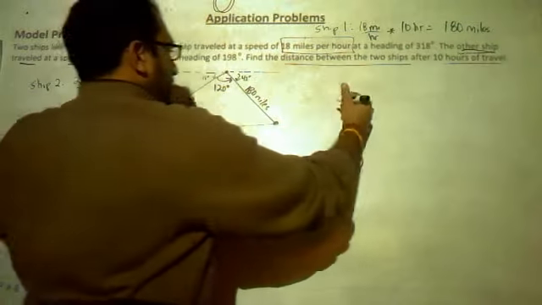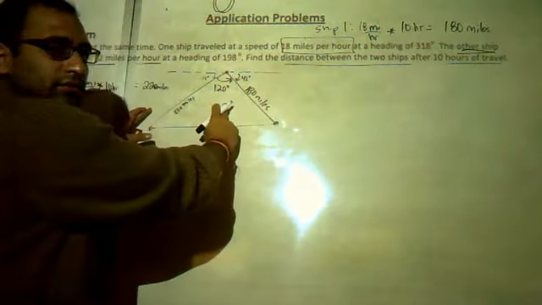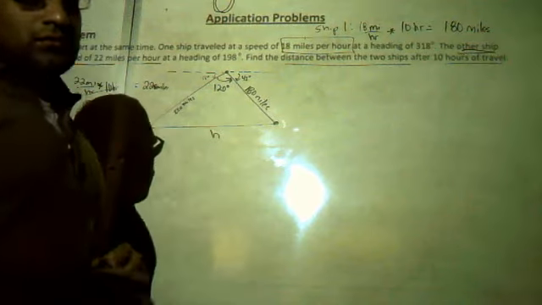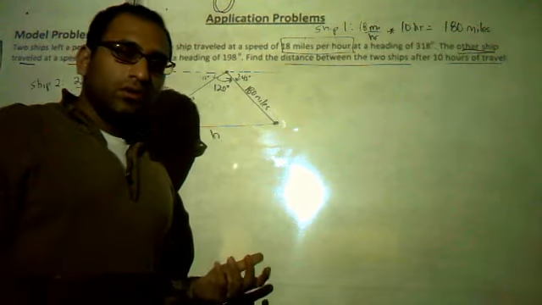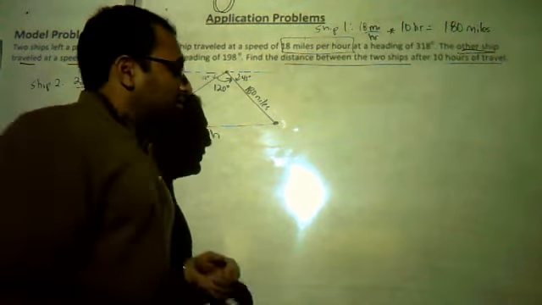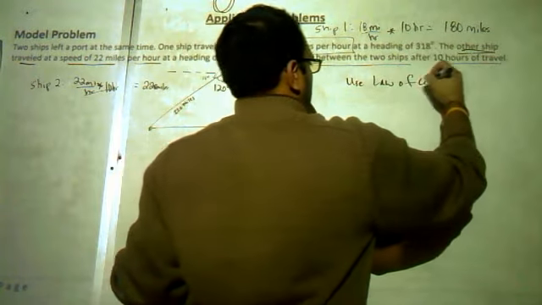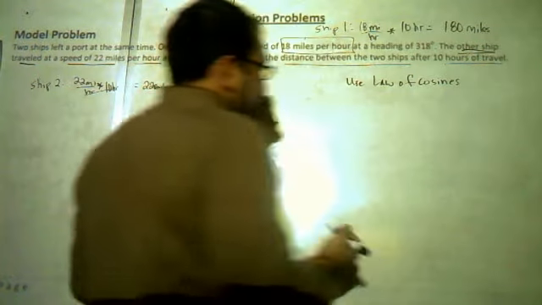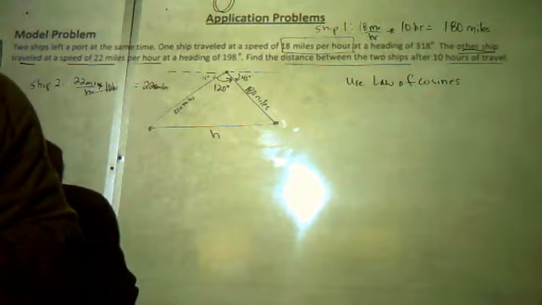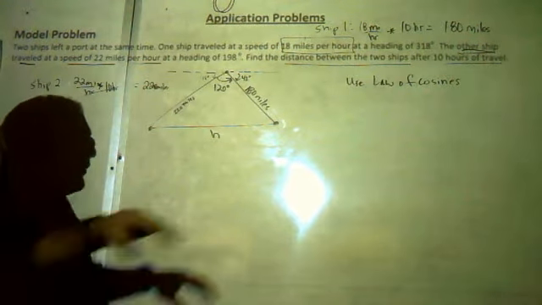So if we have two sides and an included angle, what can we use? Well, if we get our chart back out, you know that you can use the law of cosines. So let's use the law of cosines.